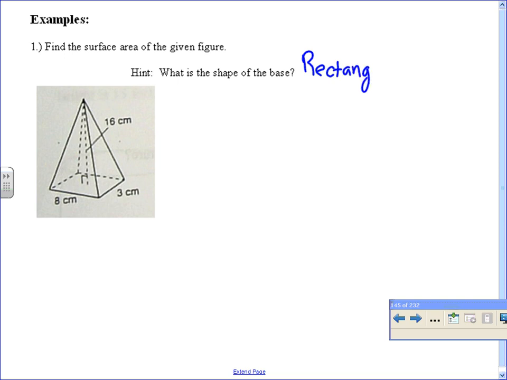On a pyramid, it's important that you look at what the base is. That will help you. So now we're going to write down that surface area is B plus 1/2 PL. So now let's start with, we have to find the area of the base first. How do we find the area of the base? Annalise?